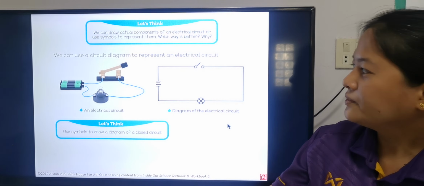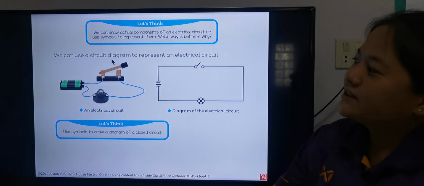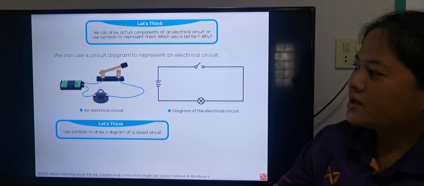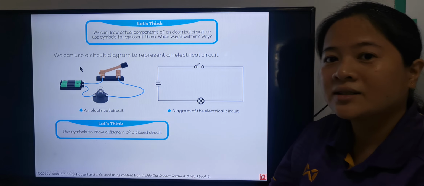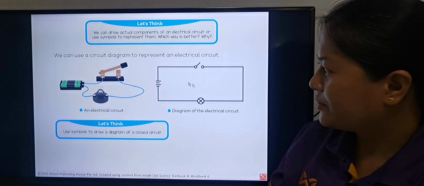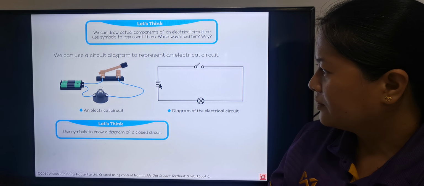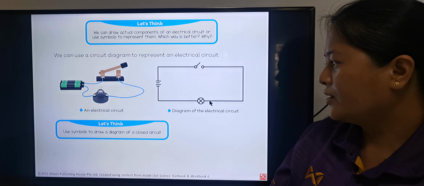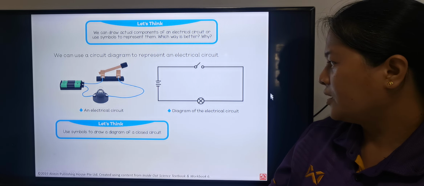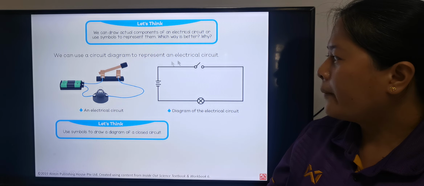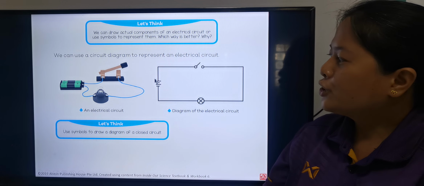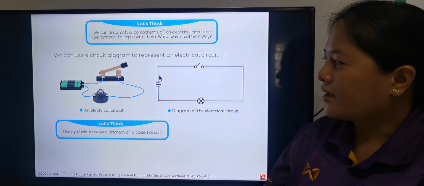Okay, so here is a diagram of an electrical circuit. You have two batteries, which you draw here. And then you have the connecting wires, right? Remember, when you draw an electric circuit, it should be at right angles.